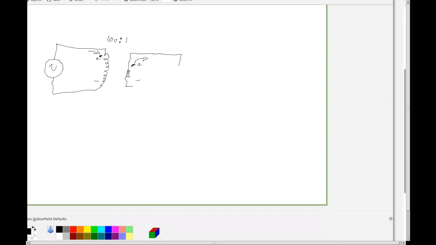And so then, let's say that we have a resistance over here, and let's just say that this is going to be 10 volts over here. Okay, and so if we have 100 to 1, then we would have 1,000 volts over here.